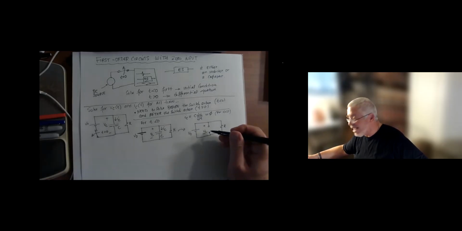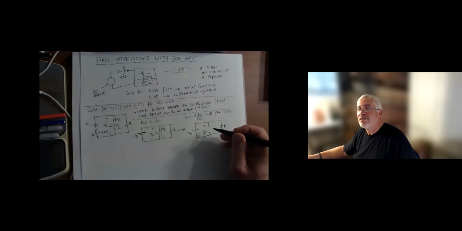We model that by an open circuit. That's how we model the capacitor when it's been sitting in a constant source circuit for a very long time. And in this particular case, VC at t less than or equal to 0 equals 0.